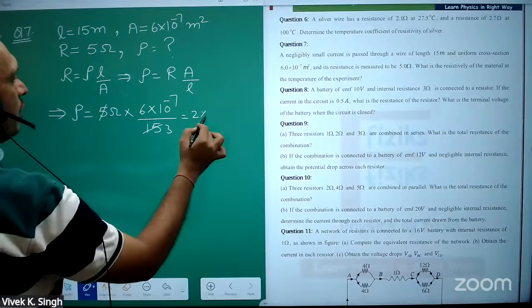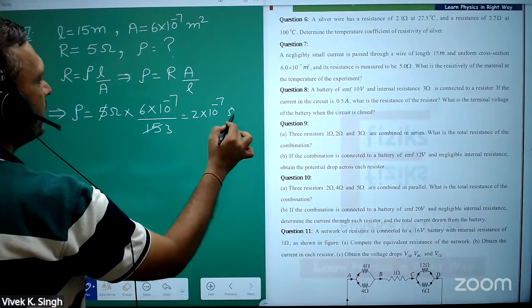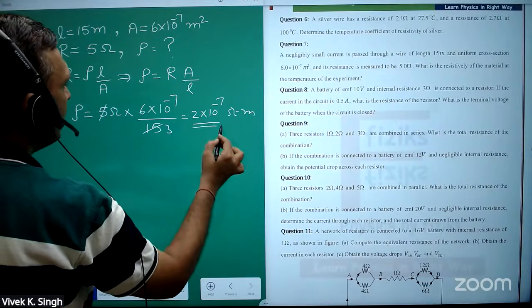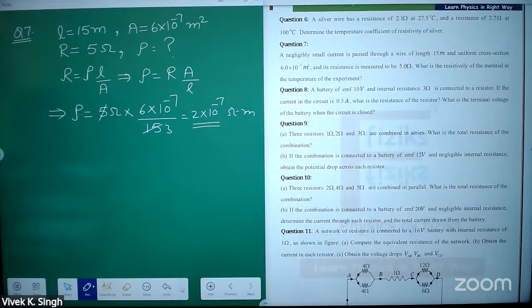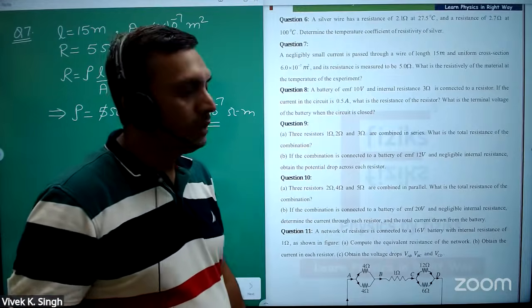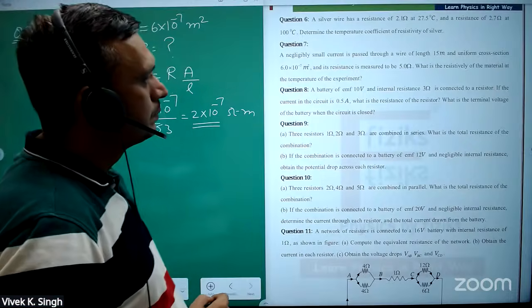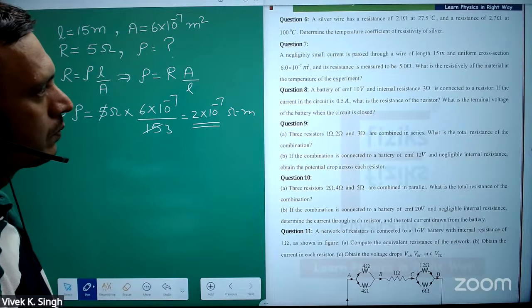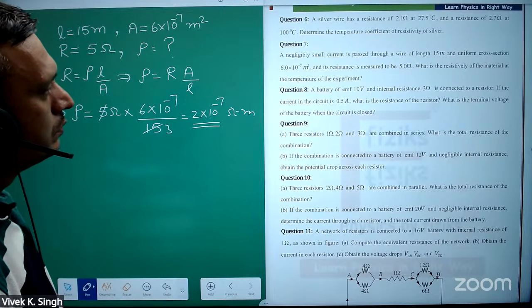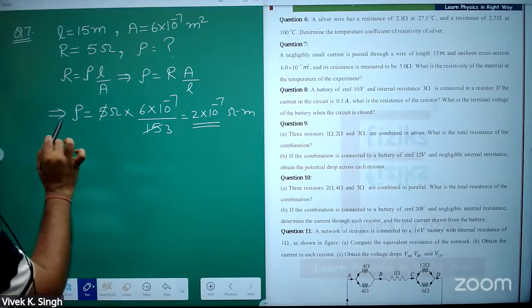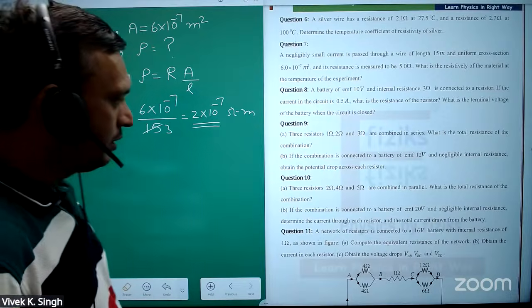This is 2 into 10 to power minus 7 ohm meter. So that will be the resistivity. Clear? So one question is based on resistivity.